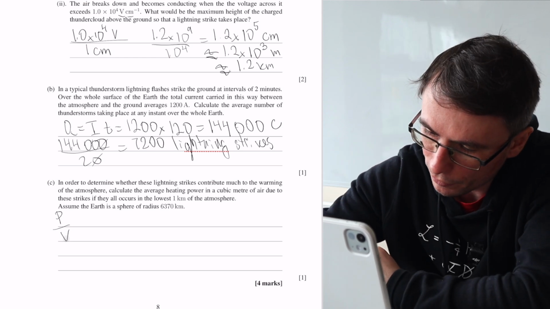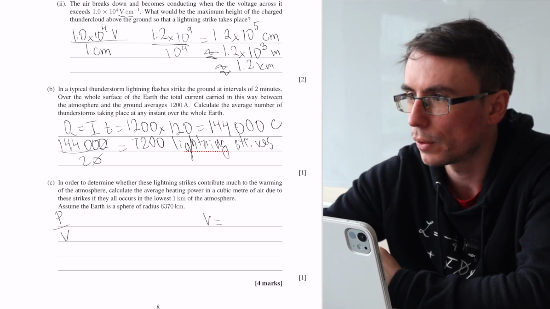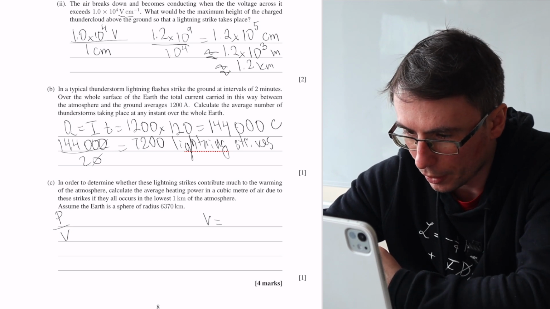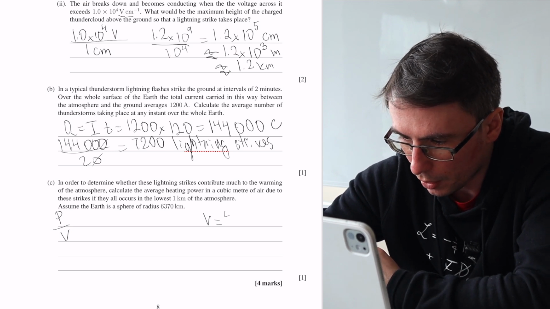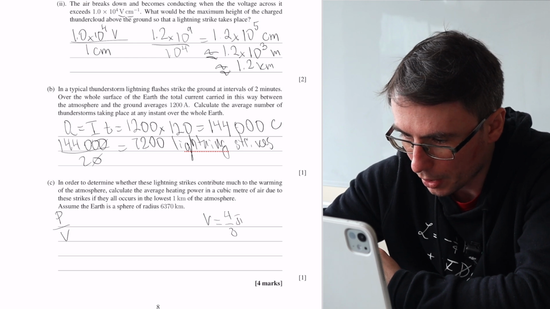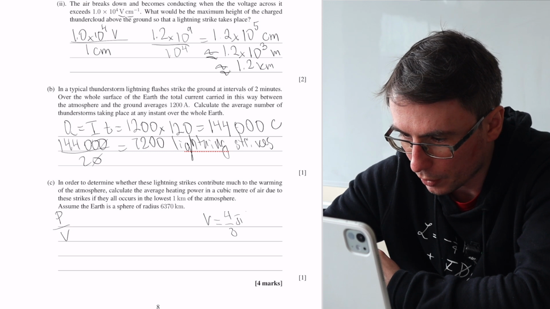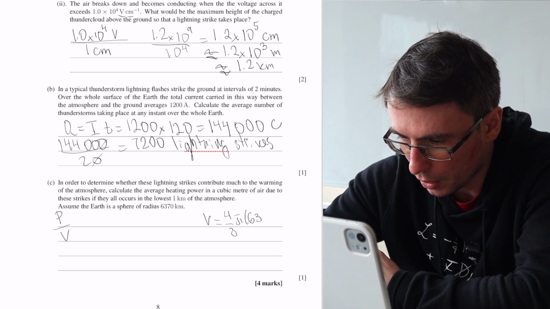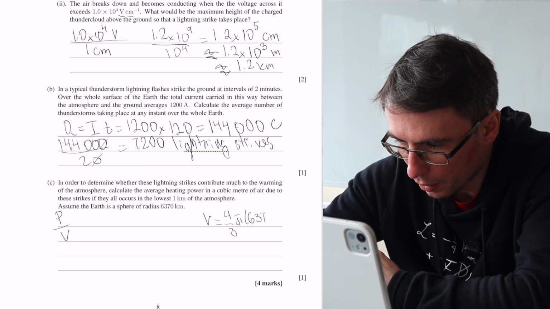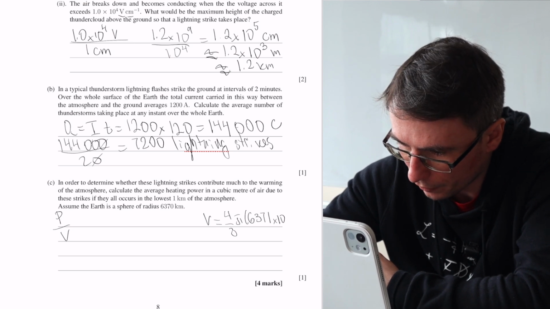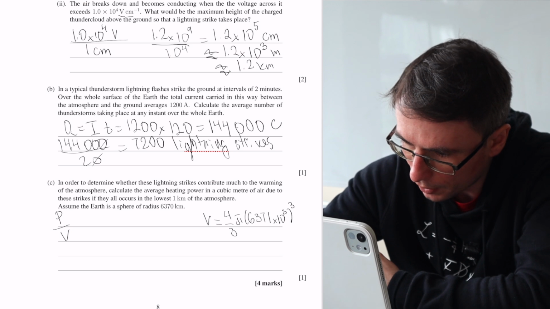Let's start off with the volume. This here is going to be the volume of a shell, which is going to be the bigger volume, which is going to be 4/3 pi R2 cubed, which is going to be 6371 kilometers times 10 to the power of 3 cubed.